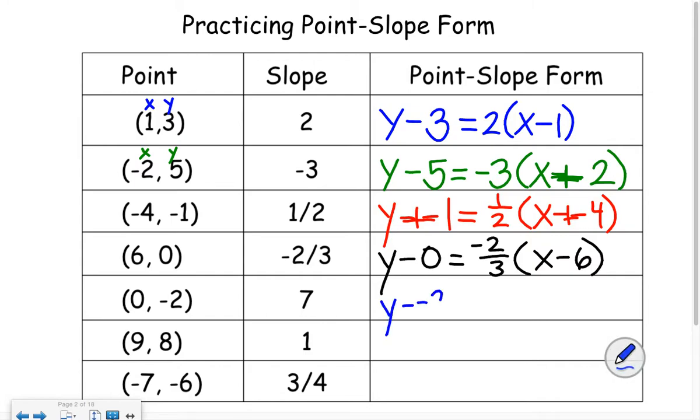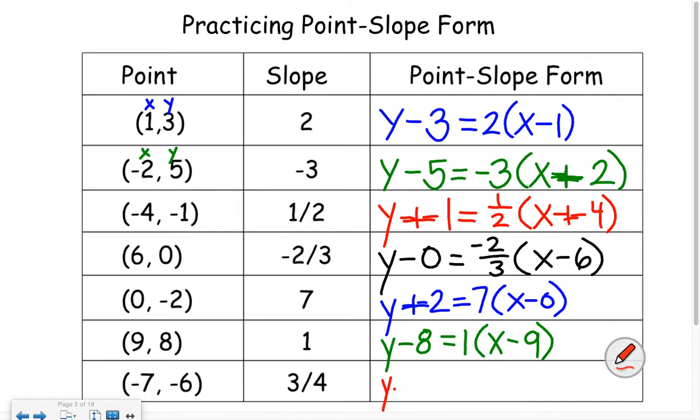Y minus a negative 2 equals 7 times x minus 0. Y minus 8 equals 1 times x minus 9.